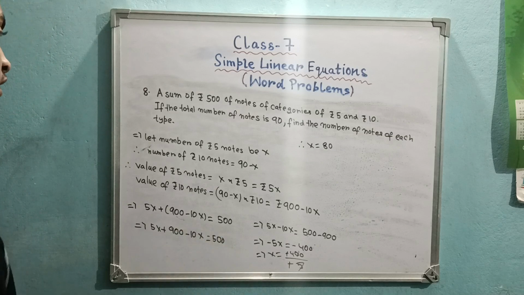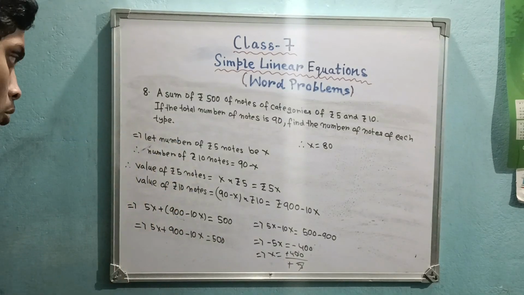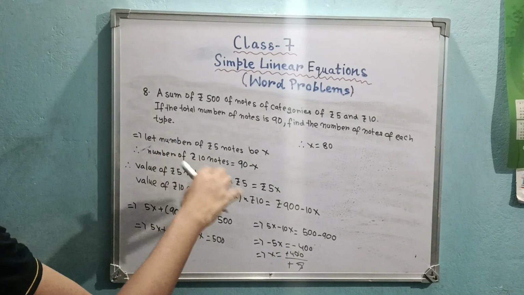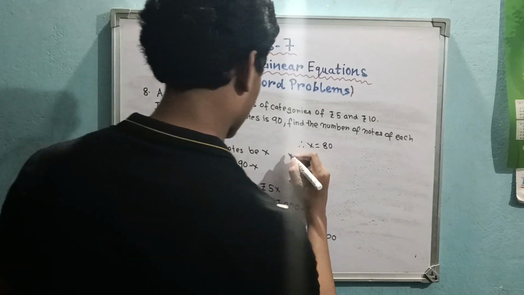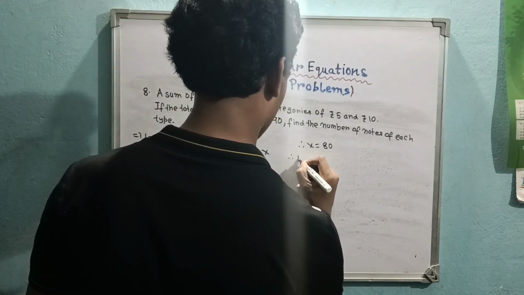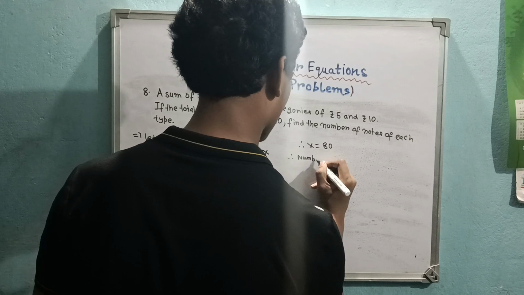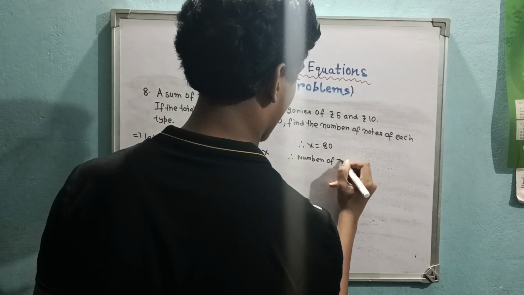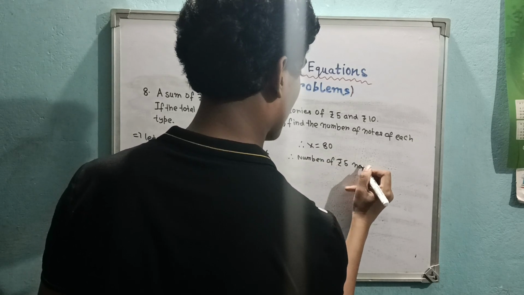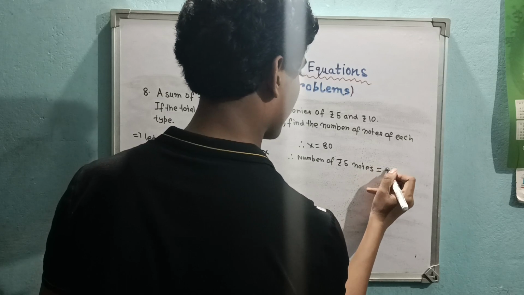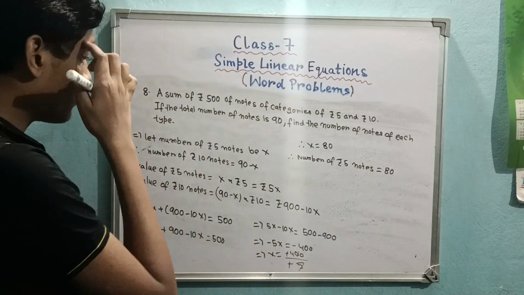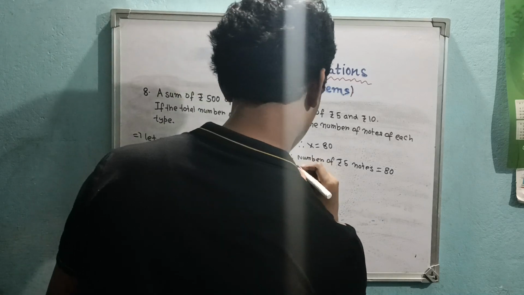So what was x? The number of rupees 5 notes. Now total notes are 90. Therefore the number of rupees 5 notes is equal to 80. We got the answer.